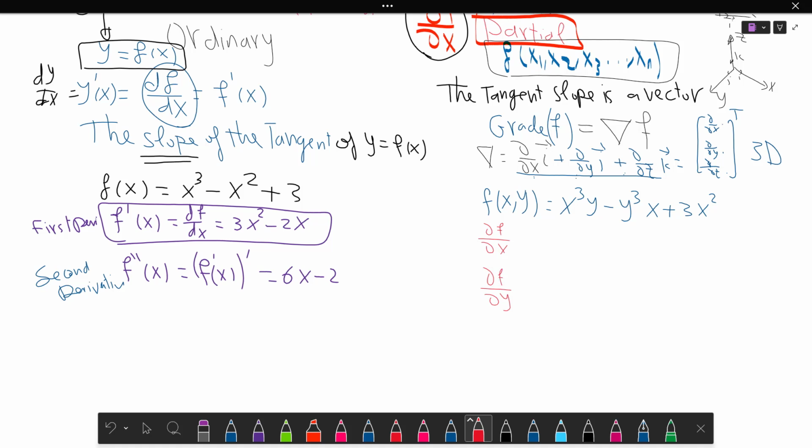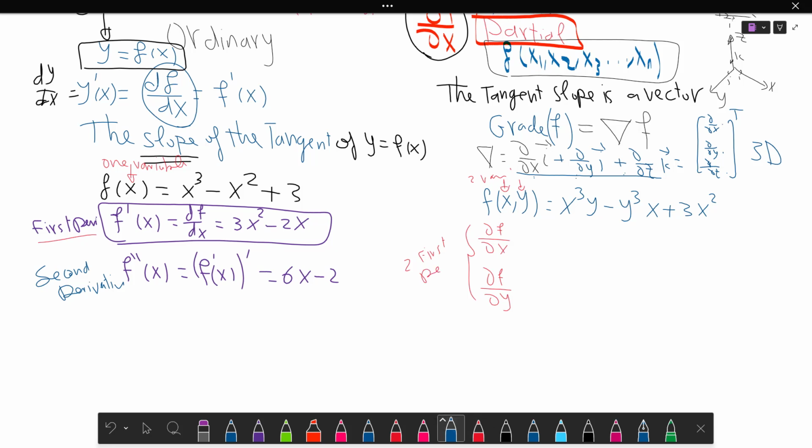So here you have only one, right? Because you have only one variable, right? One variable function. But here you have what? A two variable function. So you have two first derivatives, right?